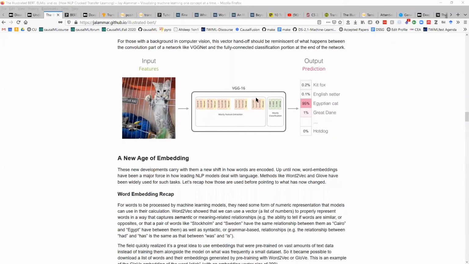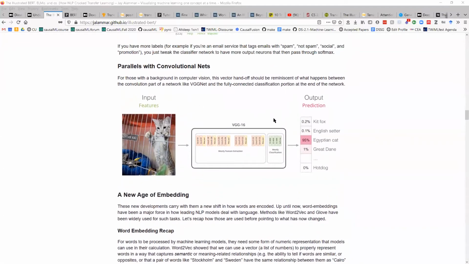We've already seen this parallels with convolutional networks. We've seen that before, where you have a convolutional network, and then the last layer is a classification layer. Remember the FastAI dog and cat or dog breed classifier. It was the same thing.